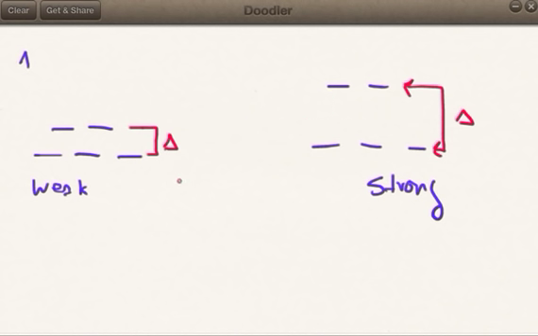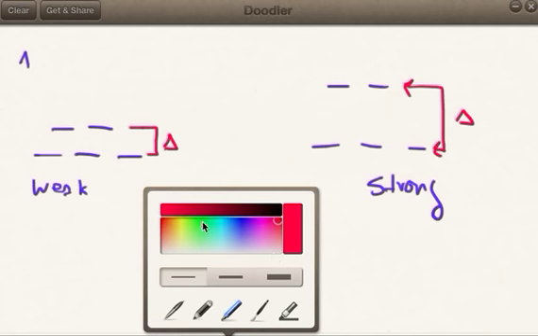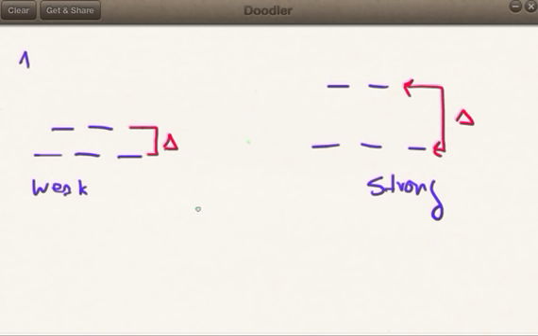All right? Okay, so now, why do we care? Why do we even care? Well, this is why, and I'll pick a green. Why we care is because when it comes time to start putting electrons in these d orbitals with their energies split, the electronic configuration is going to be very different from weak to strong.